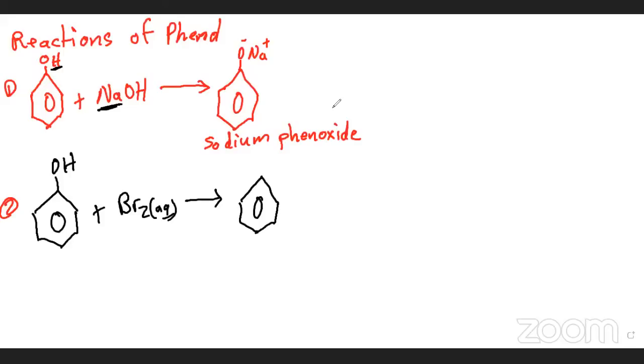For these, no more mechanism. The only two mechanisms in this section are nitration and halogenation. For these, just ensure you remember the reagents and the products that will be produced.